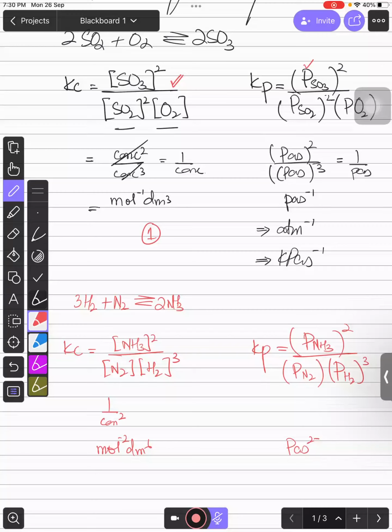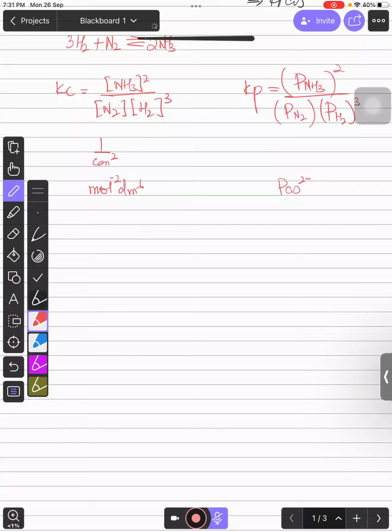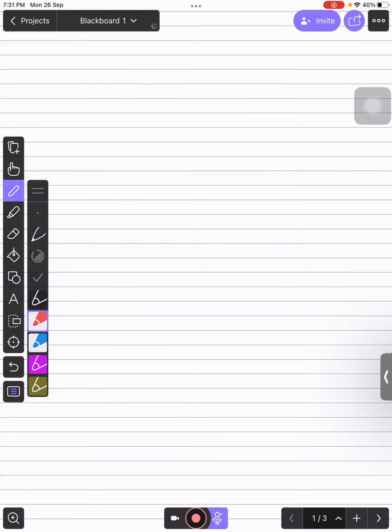Yes, sir. Now, when you are going to solve Kp questions, which are very important for exam pattern questions, for example, you have the formation of ammonia and 1 mole of nitrogen initially reacting with 3 moles of hydrogen.